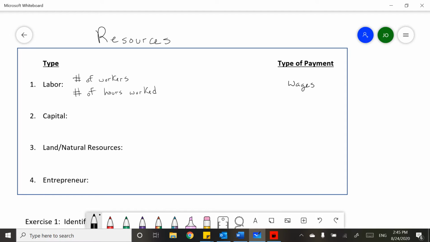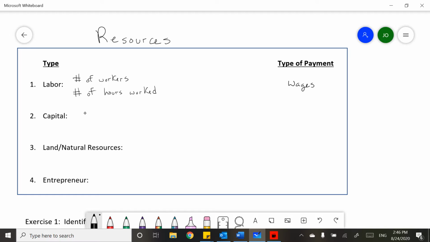The second one that you see on that list is capital. Again, when we're talking about resources, we're talking about things that we use to produce other things. Now, capital, people usually associate it with money, but money is already a good. So we're not going to think of capital as money in this class. We're going to think of capital as things that we can use for production.